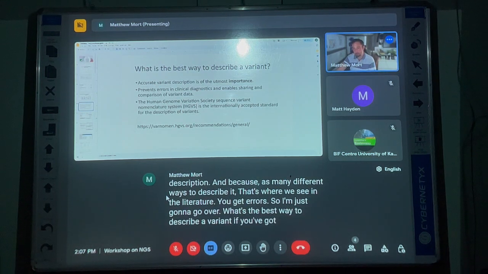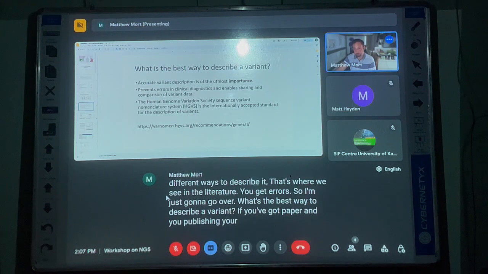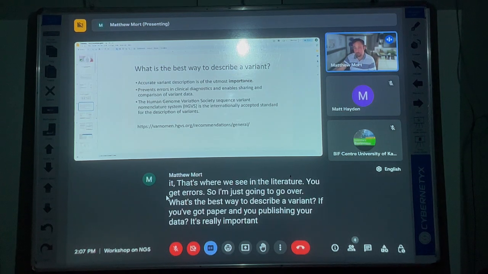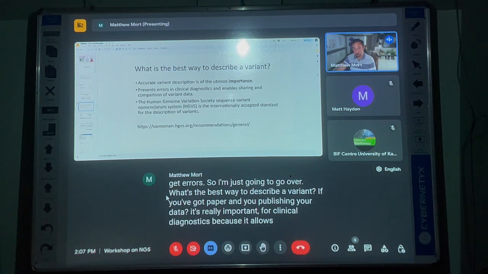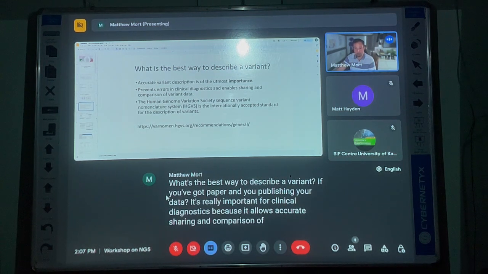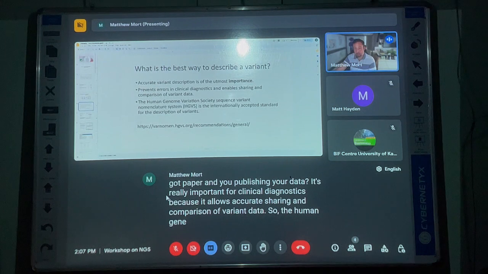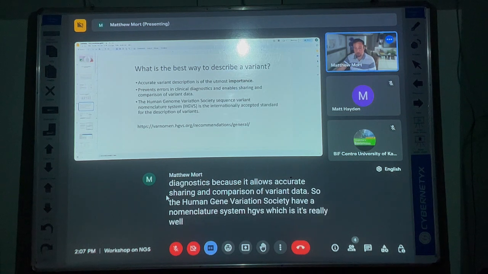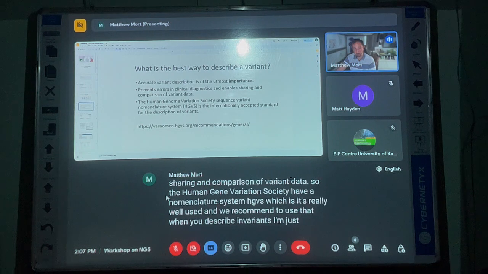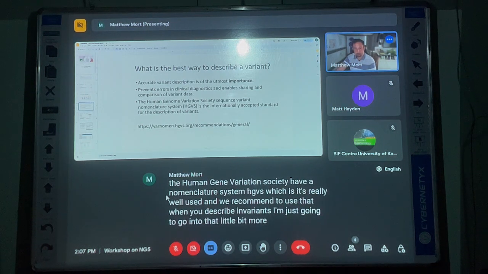If you're publishing your data, it's really important for clinical diagnostics because it allows accurate sharing and comparison of variant data. The Human Genome Variation Society has a nomenclature system, HGVS, which is really well used, and we'd recommend you use that when describing variants. I'm going to go into that in a little more detail.